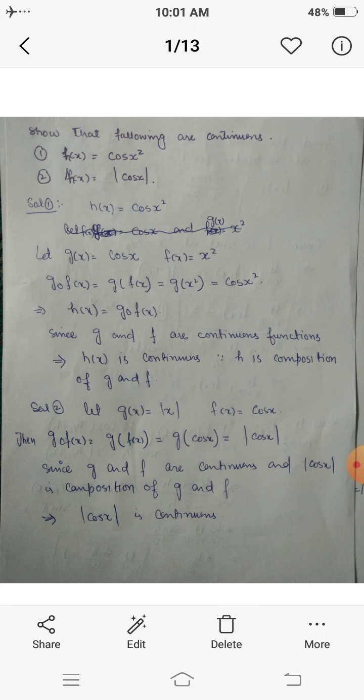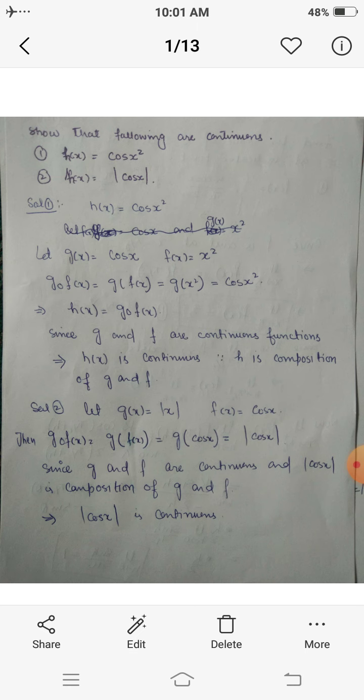Here this cos x square is not equal to cos x whole square, because cos x whole square means cos square x, the multiplication of cos into cos. But here in cos x square, the square, or the index 2, applies to the angle, that is x. That is why cos x square is never equal to cos square x.